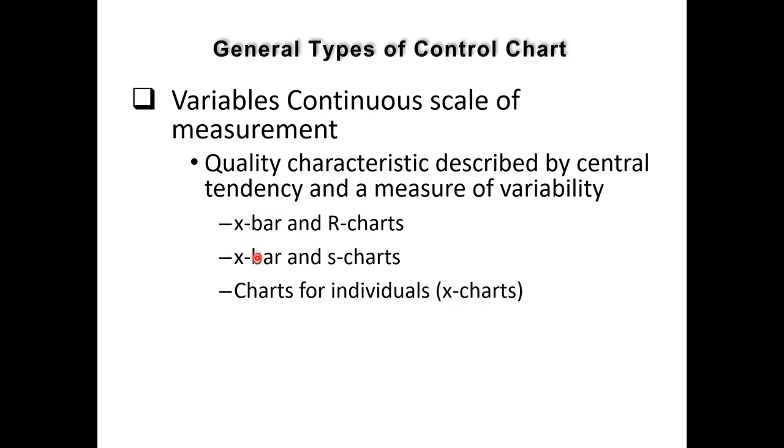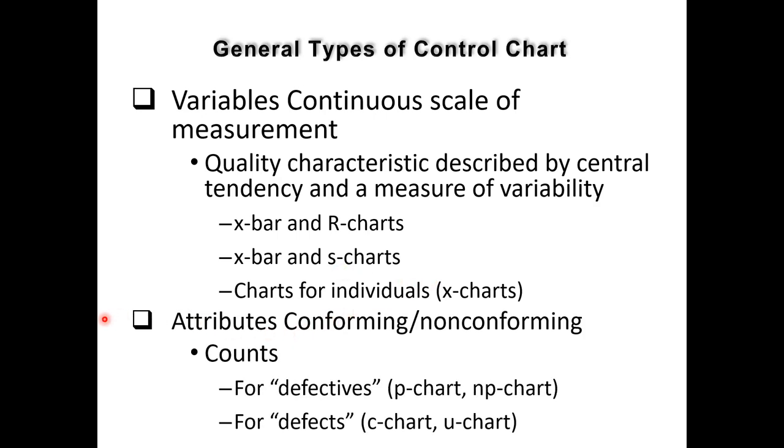X bar chart is for data which you collect in samples. Okay. So R chart, S chart are basically two different types of control chart for variation. We're going to look into this in detail later on. Now, the second type of control chart is the attribute control chart. So here, if you are measuring your quality characteristic based on attribute data or categorical data, then you have to apply the attribute control chart.